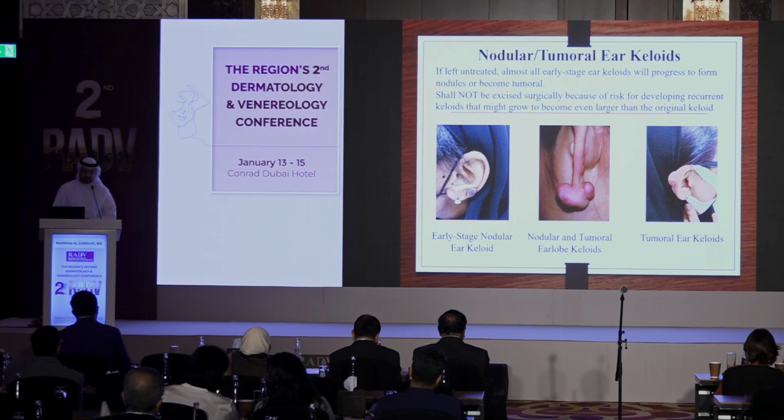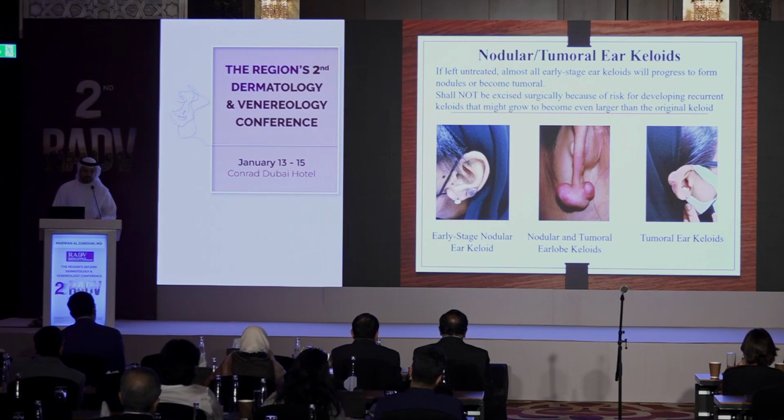And the last one is the tumoral ear lobe keloid. These type of scars, it's not recommended to remove surgically, because I know some of our colleagues remove them surgically, but it's not indicated. You have to prepare the patient before doing any surgical procedure.